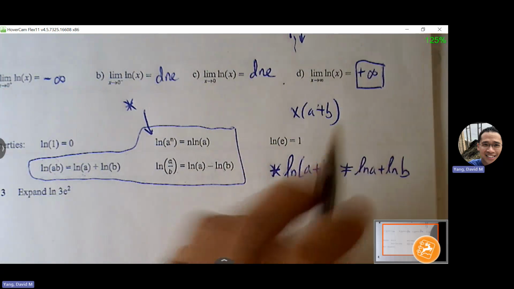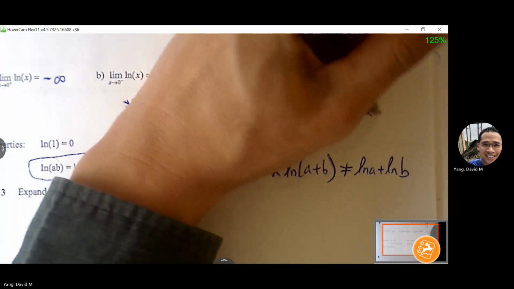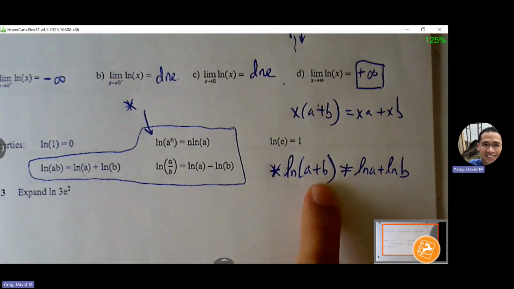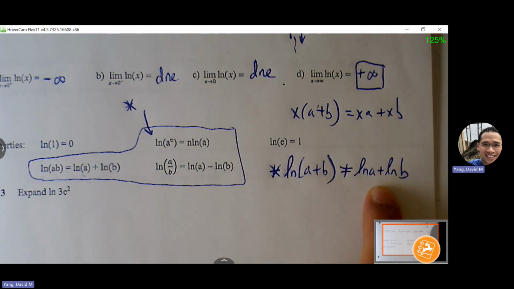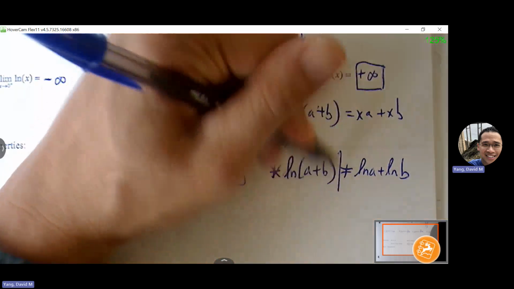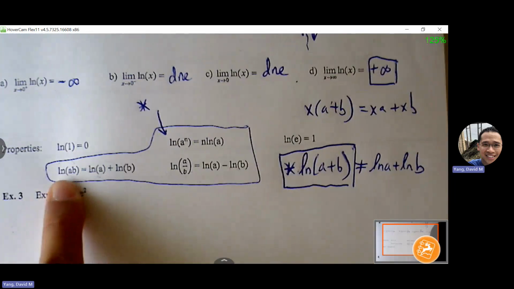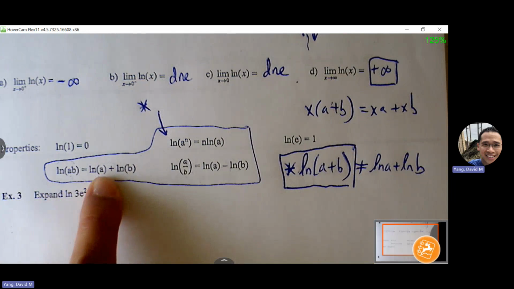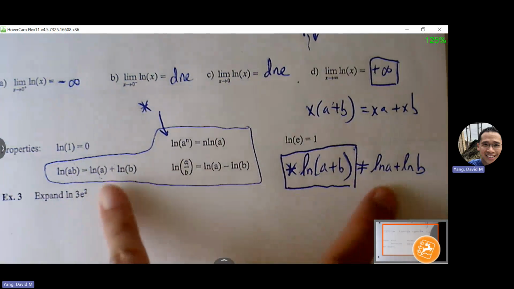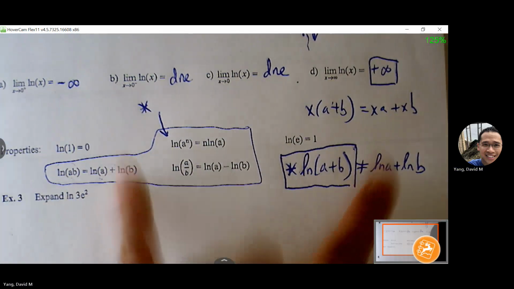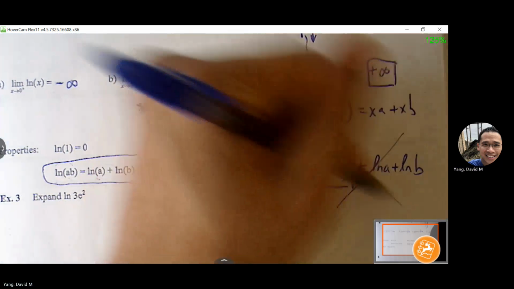I can distribute this through and be fine, right? But a plus b is not separate from the natural log. This is inside the function. So if it's inside the function, I can't do anything with this. If I see natural log of a plus b, I've got to leave it. I cannot expand it. I can expand it if it's in this form, right? Natural log of a times b is natural log of a plus natural log of b. So we don't want to get these confused. So this we cannot do.